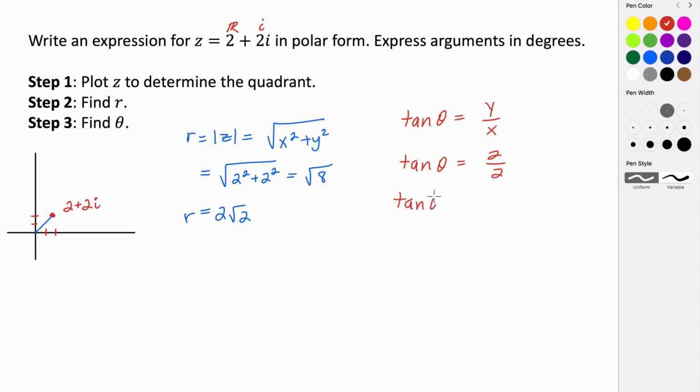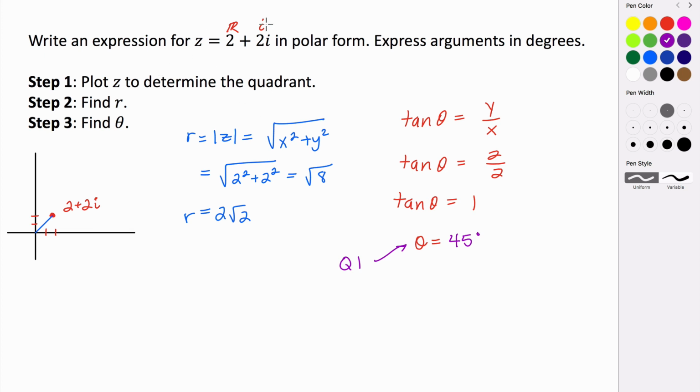The tangent of theta is 1. So we want to know what value of theta gives us a tangent of 1. And again, remember, we're looking for an angle in quadrant 1. That's going to happen at pi over 4, or 45 degrees. So in this case, theta is 45 degrees.